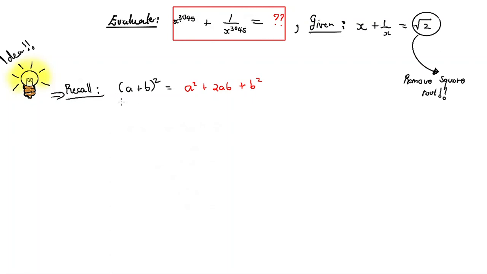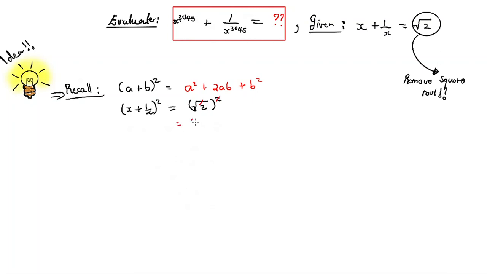Here we have a squared binomial, or a perfect square, equal to this expression. It might come in handy when removing the square root in this equation. So when we square both sides, we have this binomial squared equal to the square root of 2 squared, and the exponent 2 and the square root cancel each other out.